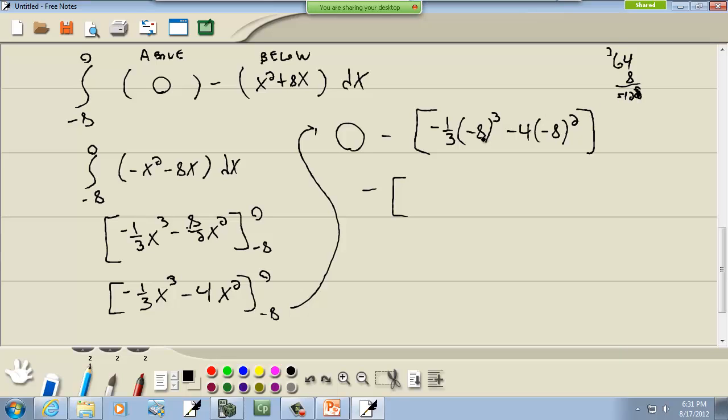Okay, so negative 512 times a negative gives us positive 512. And then we've got negative 256. Negative 8 squared is 64 times 4 gives us the 256. That negative there flips the sign of both of those, so that's 512 over 3 plus 256.